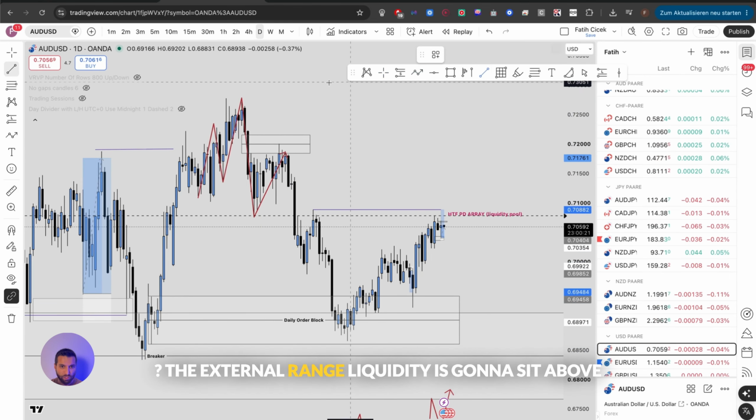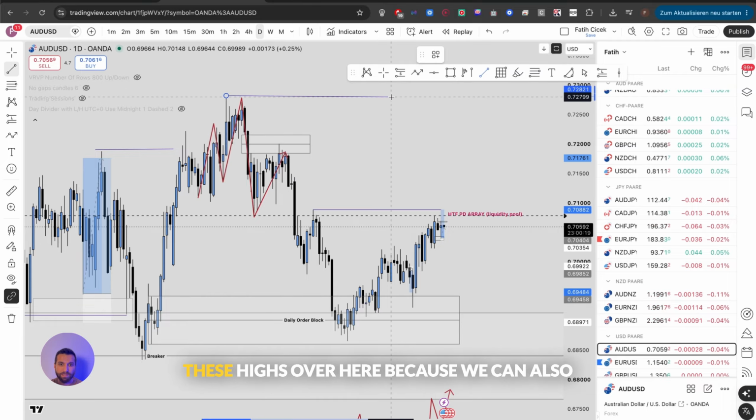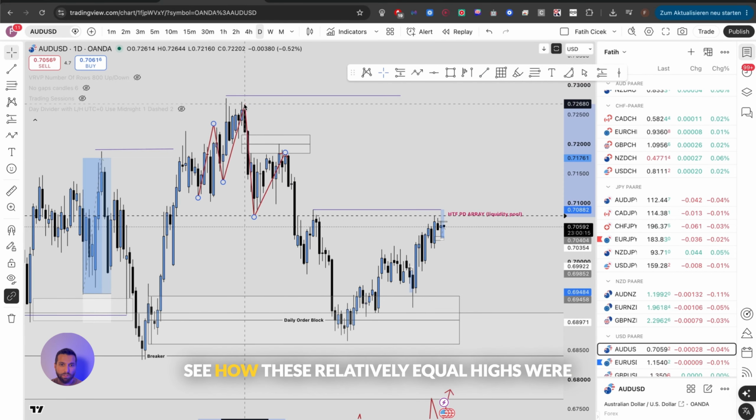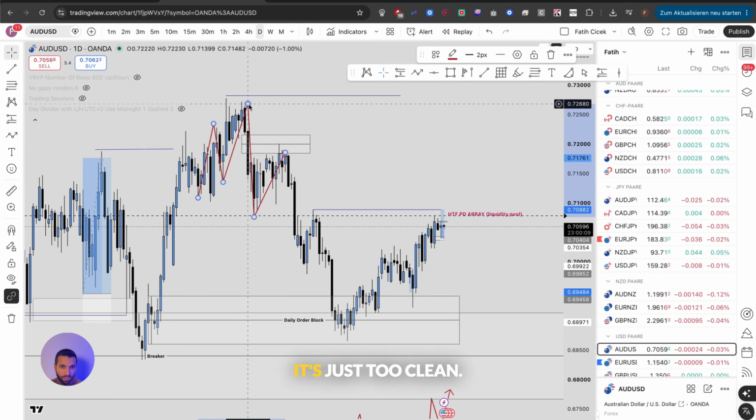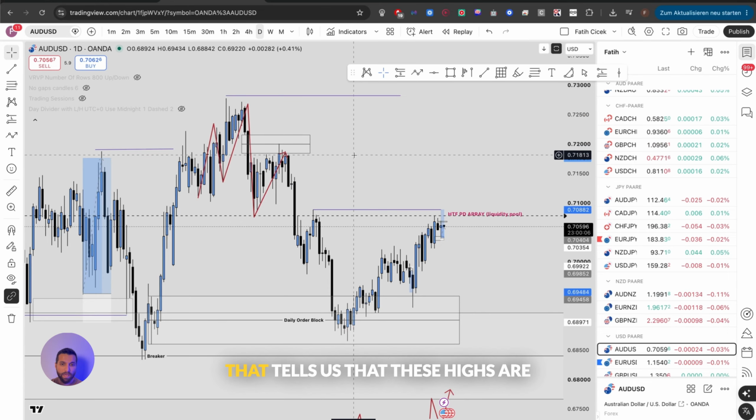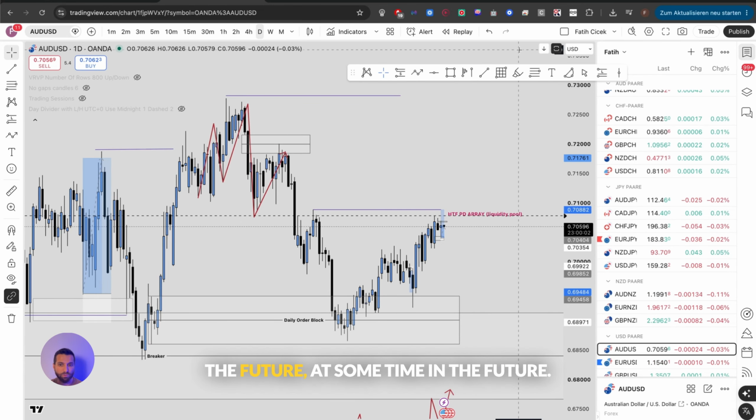The external range liquidity is going to sit above these highs over here, because we can also see how these relatively equal highs were being printed and engineered by smart money. It's just too clean. That tells us that these highs are probably going to be taken at some time in the future.